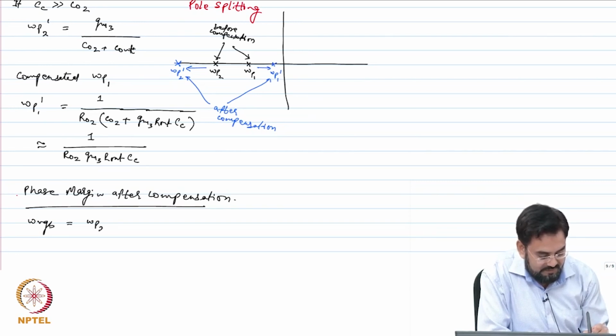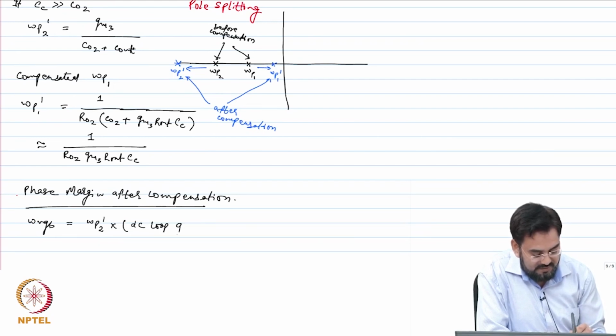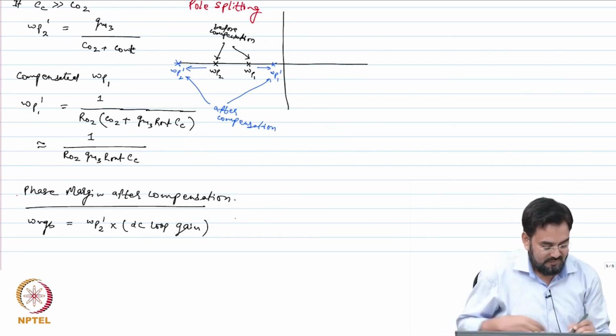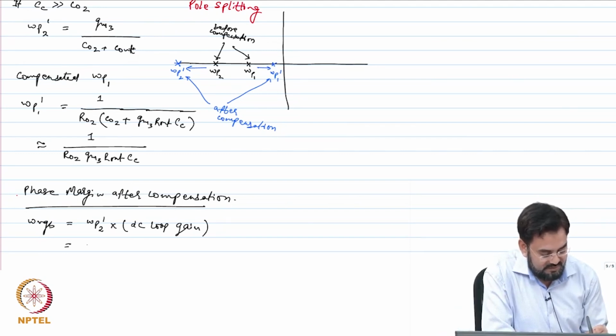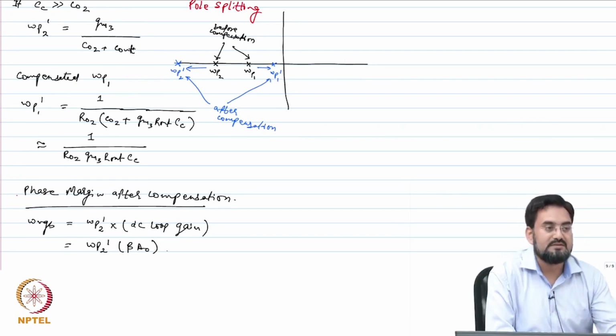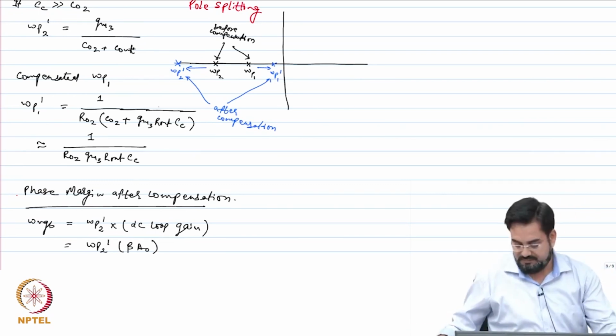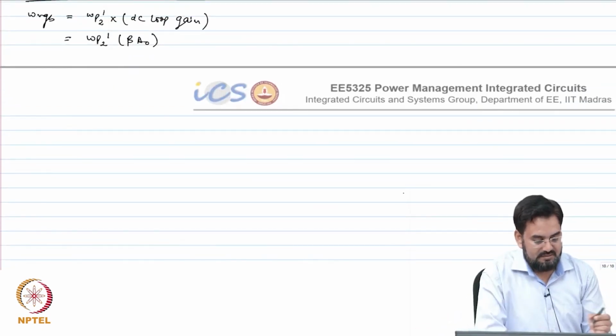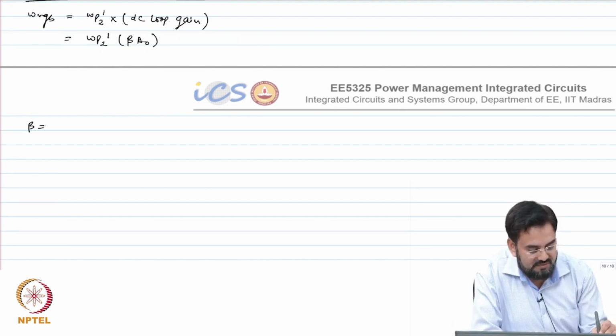So omega P2 dash multiplied by, I'll just call it, DC loop gain, which is your omega P2 dash beta naught. Correct. What is DC gain? So let's assume beta equal to 1.